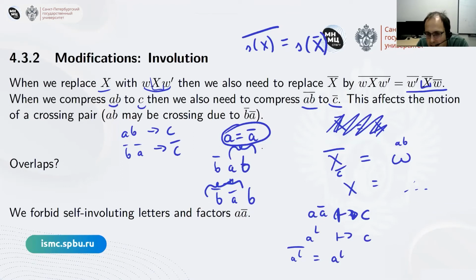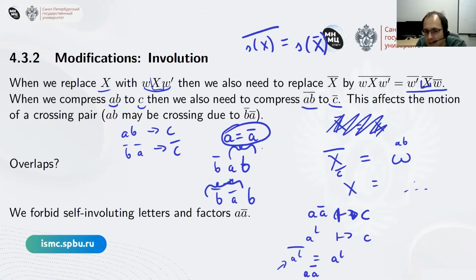But in this case, it depends. It can be shown that depending on whether L is even or odd, if it's odd, then the middle letter is already self-involuting, which cannot be, and if L is even, then it means that in the middle there is something like A A bar next to each other.